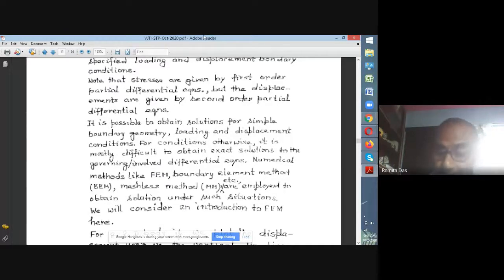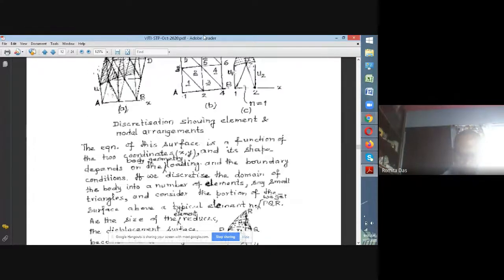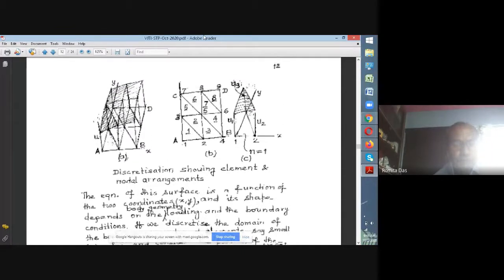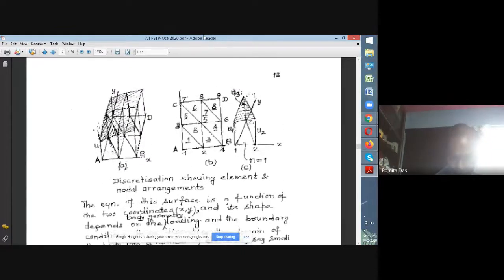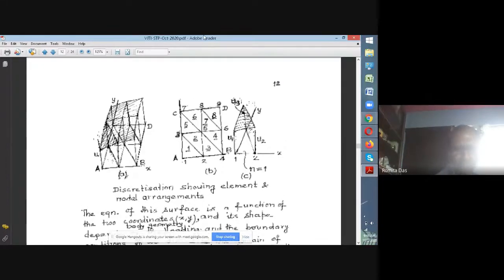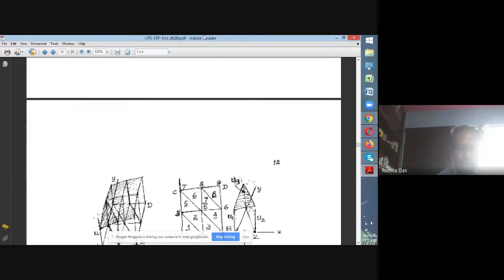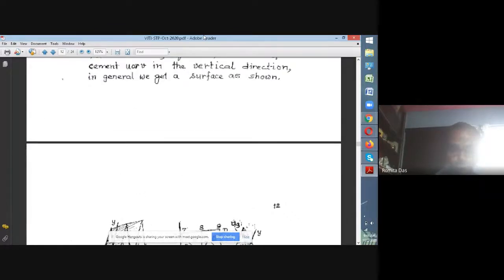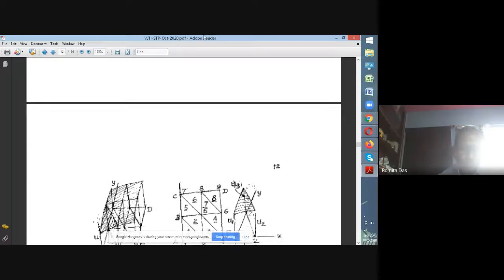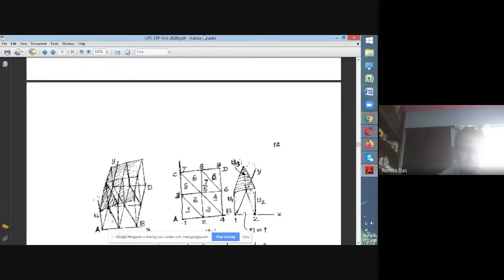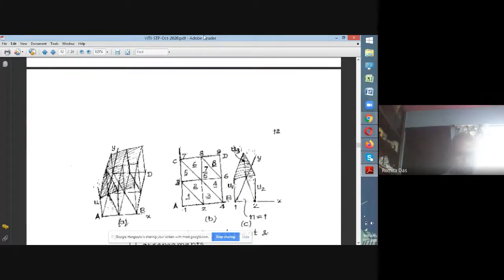In the finite element method, we talked about how the problem really boils down to determining the displacements at every point of the domain of the body. To do that, we look into the surface. If we plot the displacements over the whole domain of the body, say in the vertical direction, keeping the body in the XY plane, we get a surface.